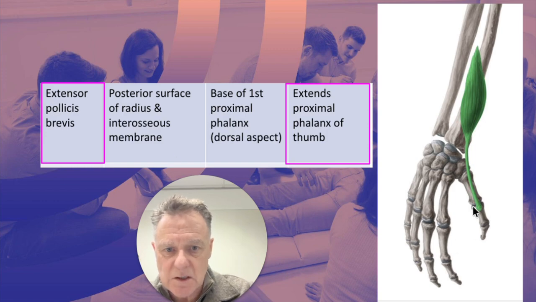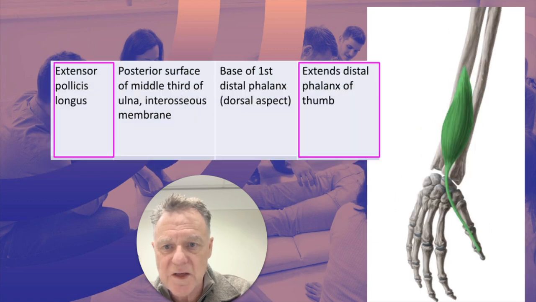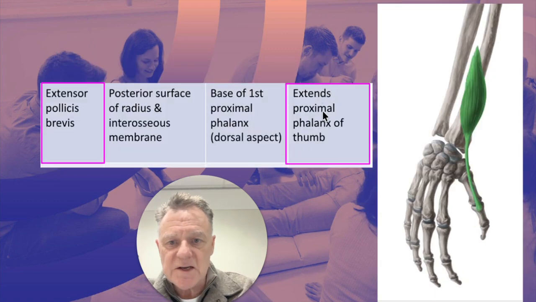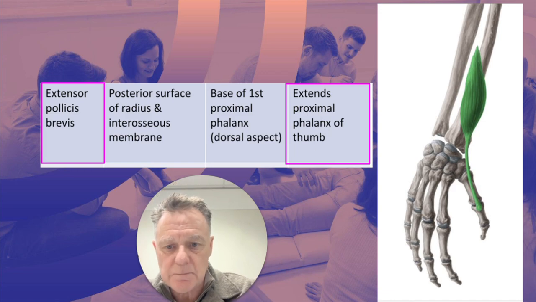Extensor pollicis brevis, very similar, except it's going into the base of the first proximal phalanx rather than distal phalanx, so it then extends the proximal phalanx of the thumb.